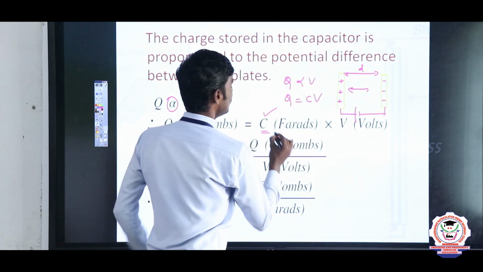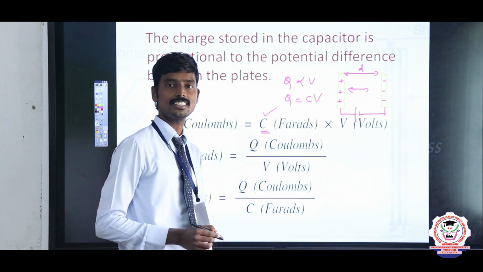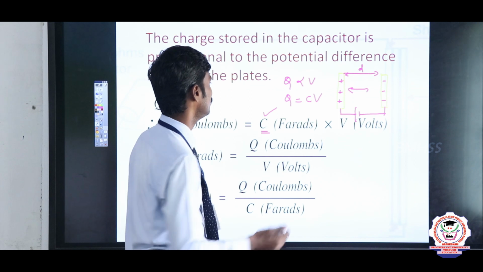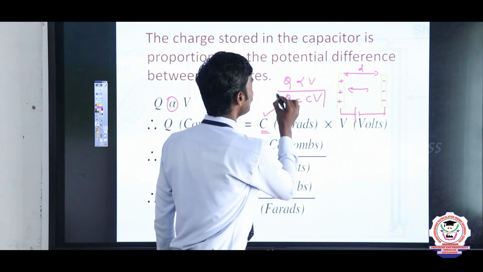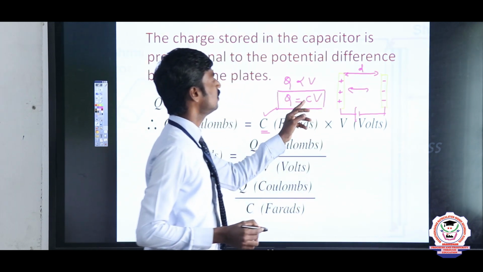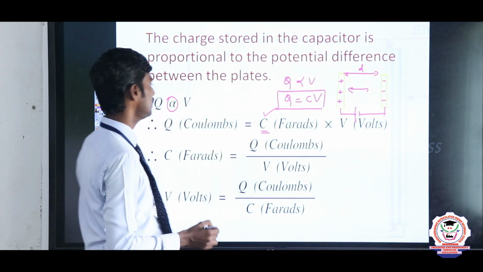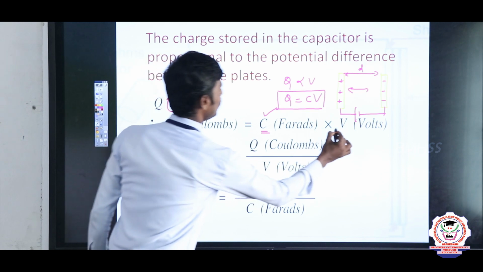Here C is the proportionality constant, or the capacitance of the capacitor. So the charge stored in the capacitor Q equals the capacitance of the capacitor times the potential difference between the two plates. Q equals C into V.